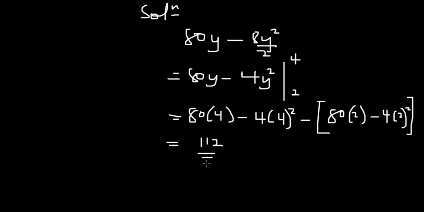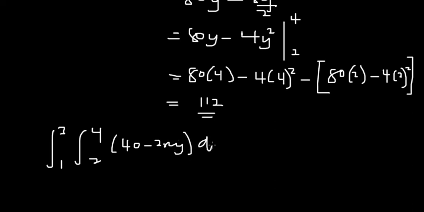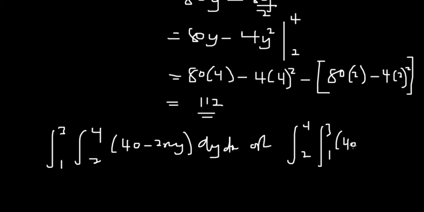So this means that whether you use the reverse or you use the straightforward approach, either you use this expression, you just have to take note of how you write the entire expression, dy dx, or you use 4 2, and then the integral from 3 to 1 of 40 minus 2xy, and then we have dx dy.